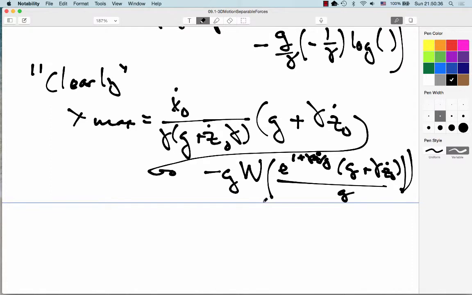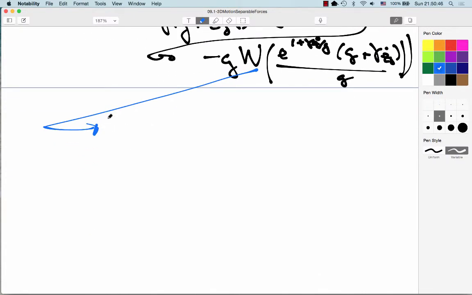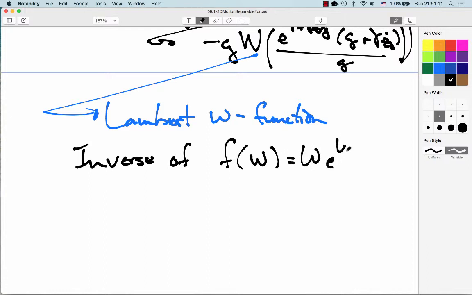This W function here is a thing called the Lambert W function. I never heard of it either until I tried working on this problem. It's the inverse of f of w equals w e to the w.